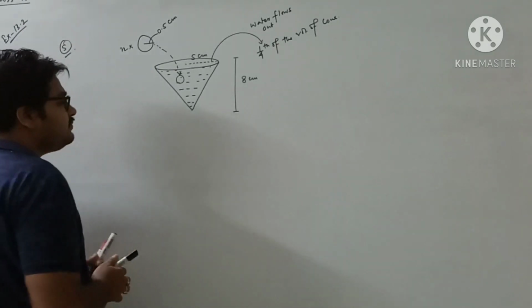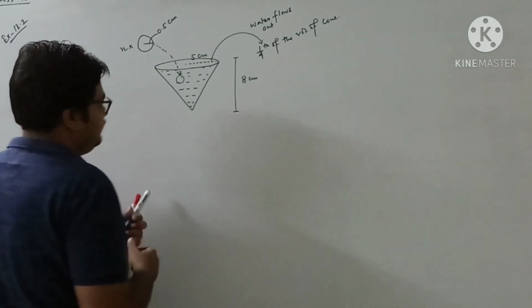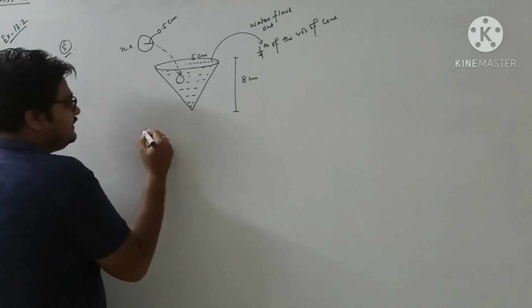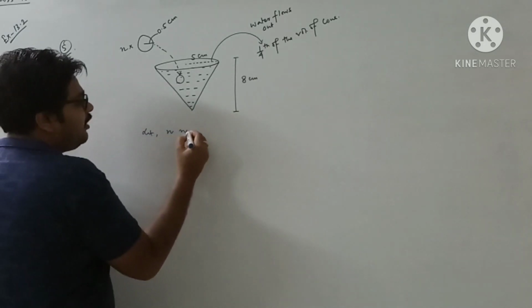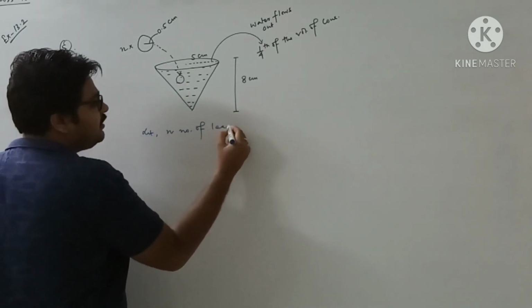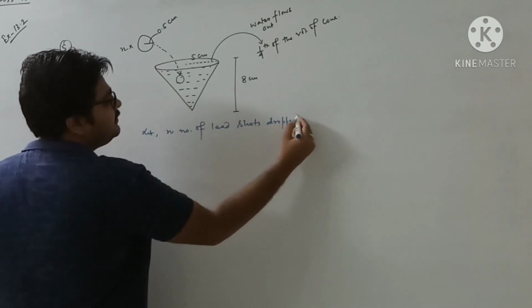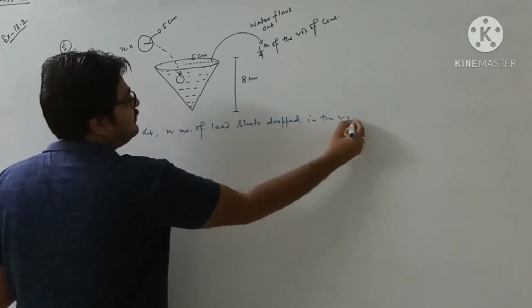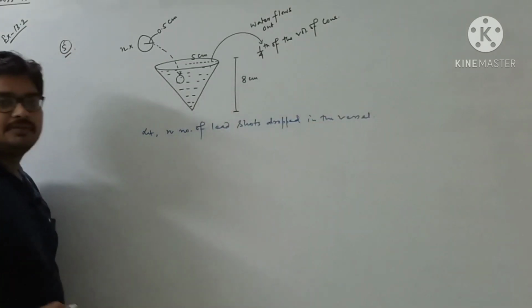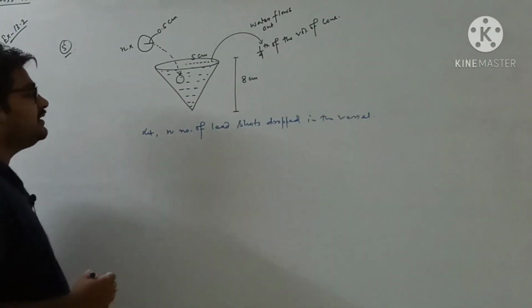So now, first of all we will write: let n number of lead shots be dropped in the vessel. N number of lead shots has dropped in the vessel.